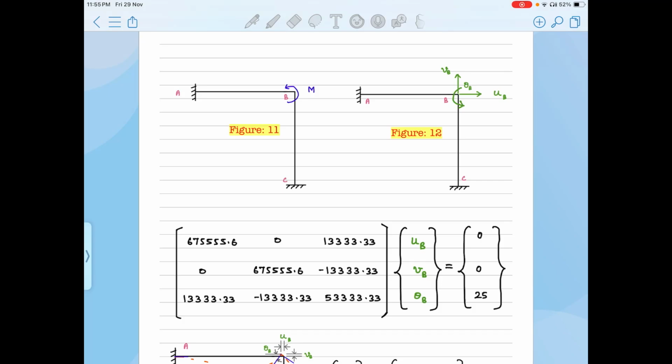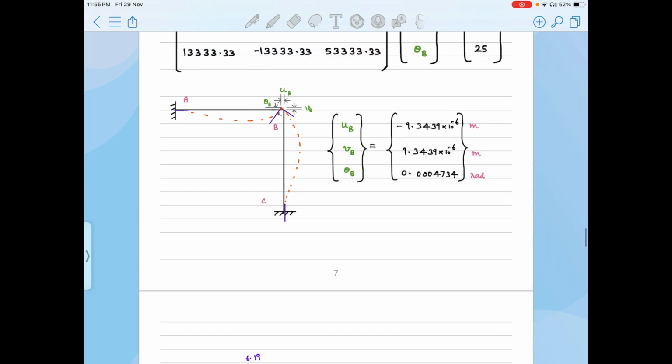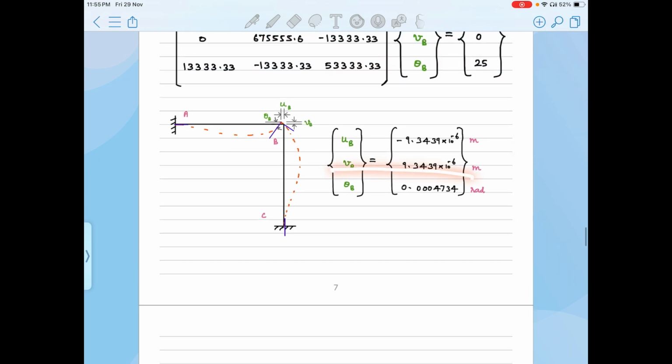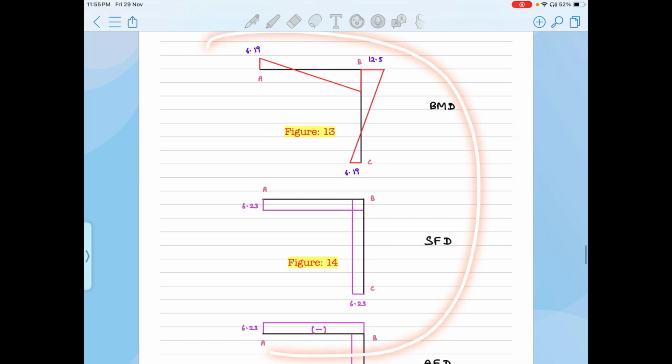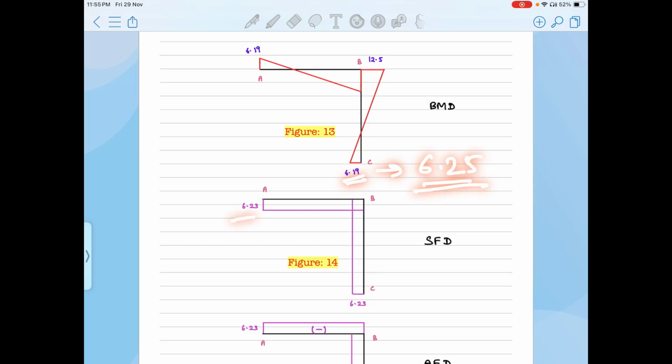Because in this particular case, we see that the end results don't differ. I already told you that theta B doesn't differ much, and that these diagrams remain one and the same, just the second decimal is altering. Here we get 6.2 contrasted with 6.25 when I ignore the axial deformations.